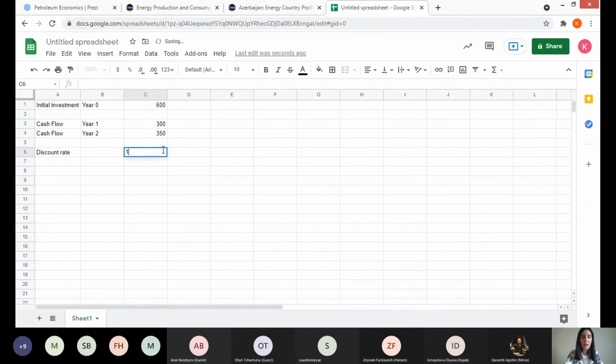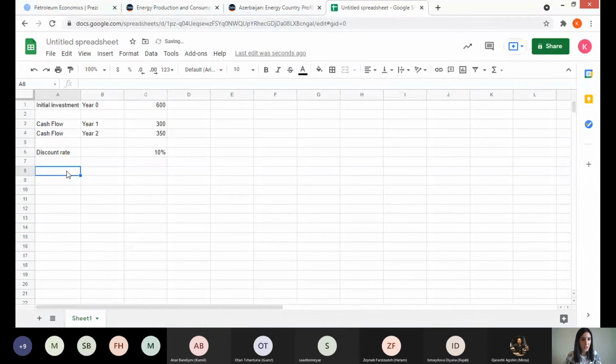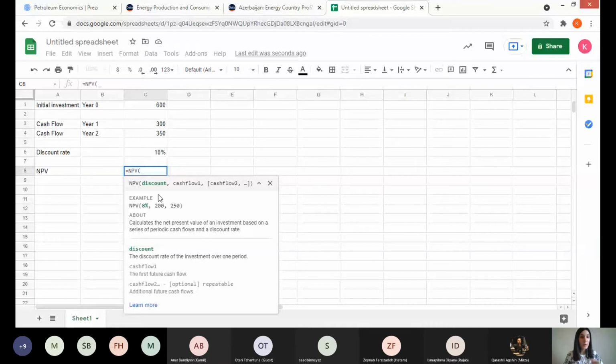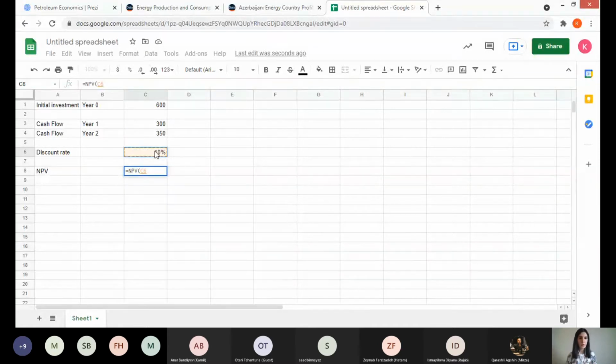Equal. When you write NPV, it will be here. You can see the steps here. Firstly, you have to write the discount rate, which is 10%, comma, cash flow. Here you have to be careful because now we have to write future value, and the initial investment is not future value for us. This is present value.